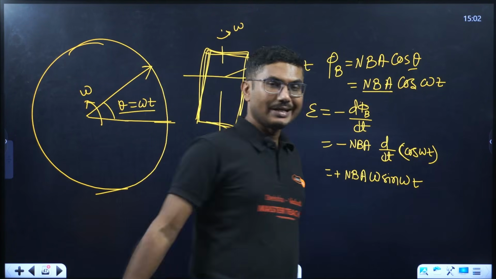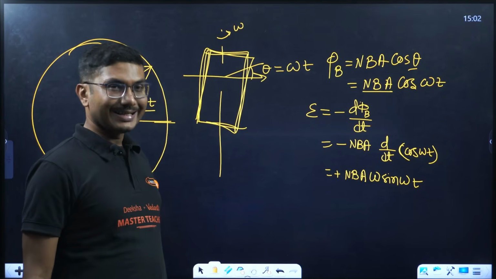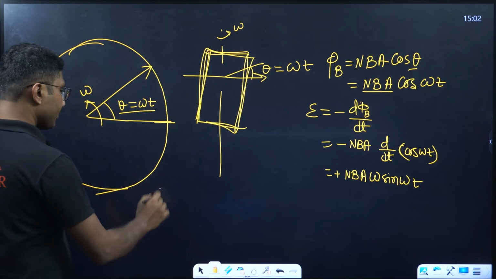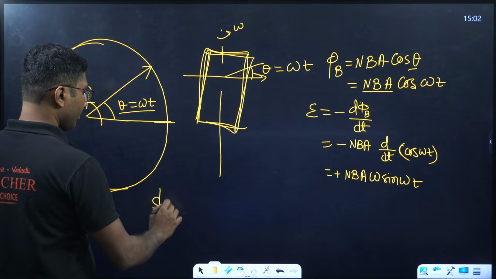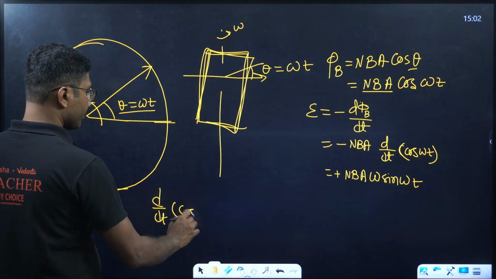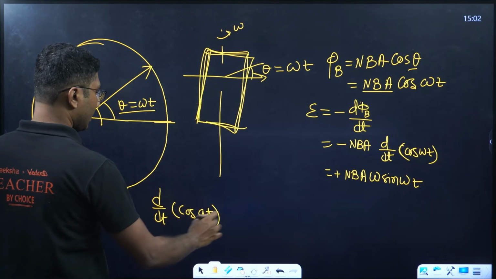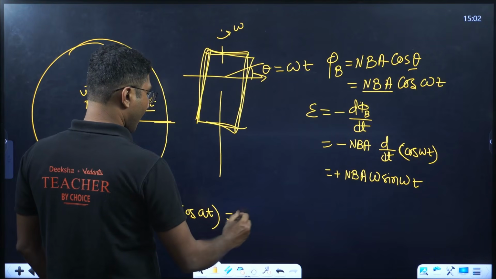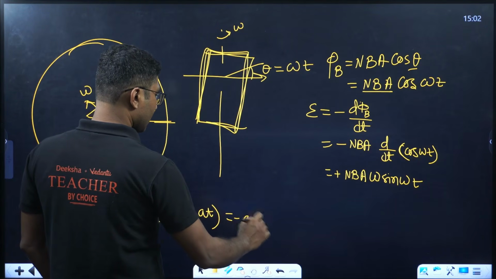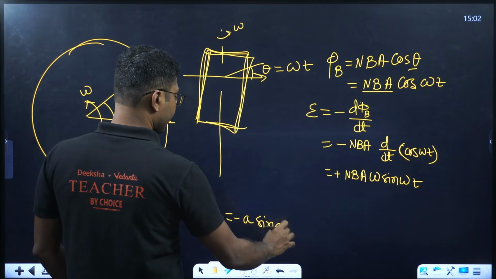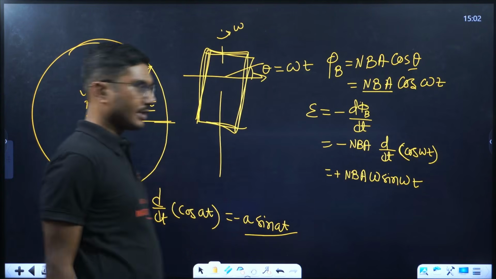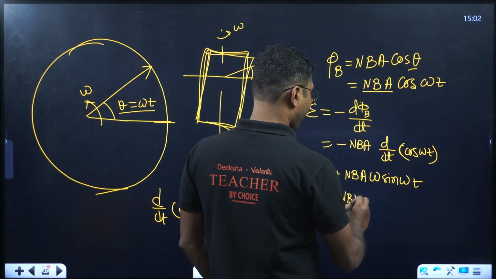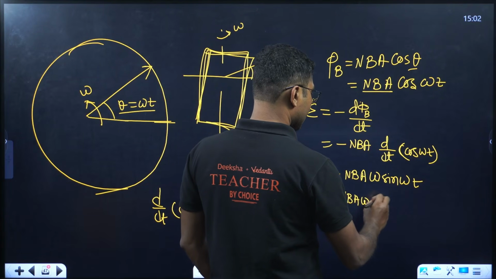If you forget the differentiation, d/dt of cos At equals minus A sin At, right? The same thing we have used in this equation as well. So we get NBA omega sin omega t.